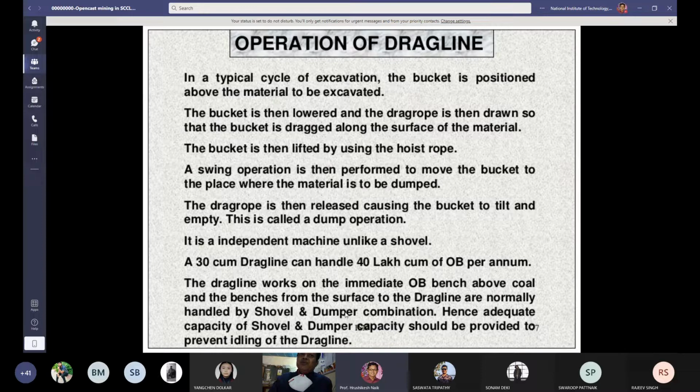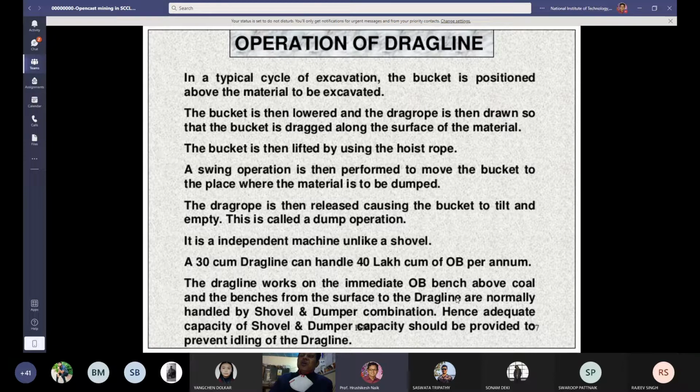So after the coal is mined, the dragline will dump the overburden materials over the decoaled area. Therefore, the dragline capacity should match with the shovel dumper combination so that the dragline will not remain idle.